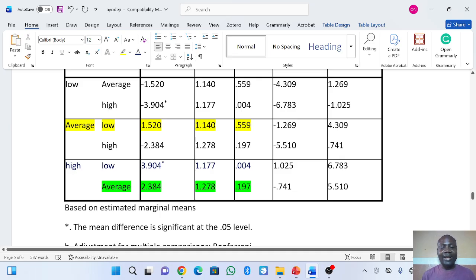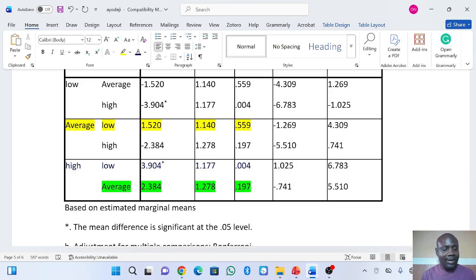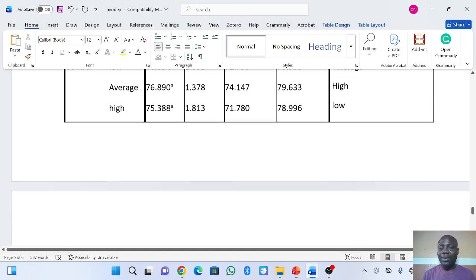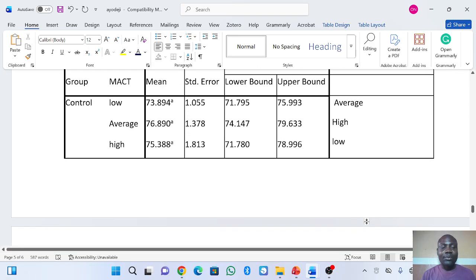But if you have high and average, you are still going to do well. But having low mental ability is actually a disadvantage in terms of the post interest. The interest, maybe in mathematics or whatever we want to study.